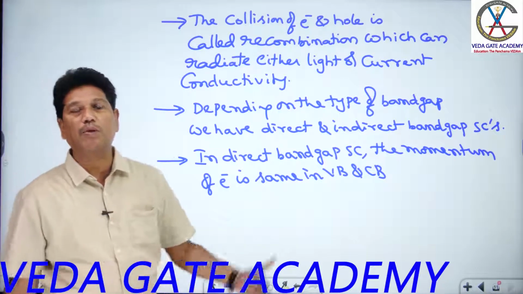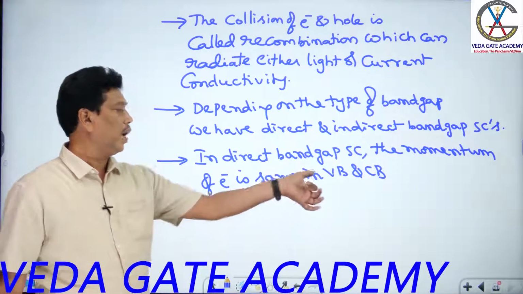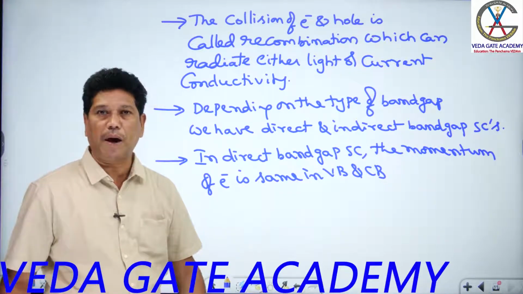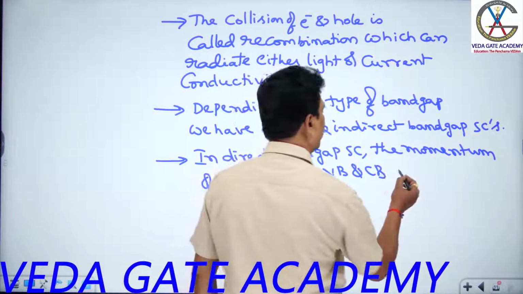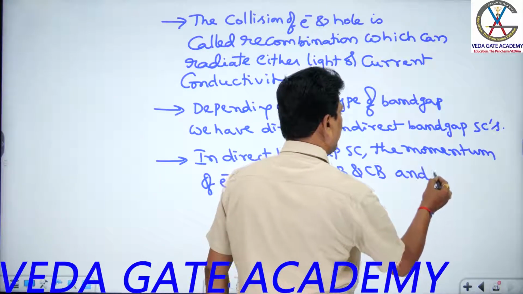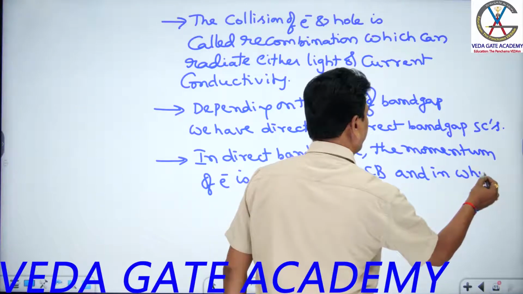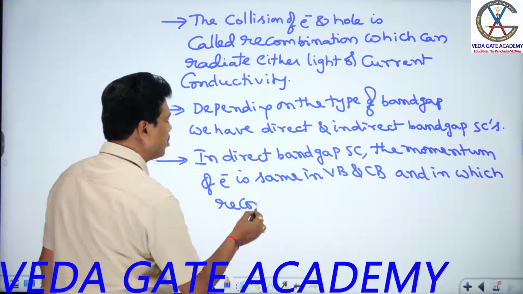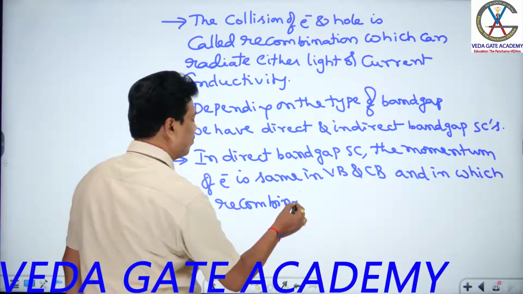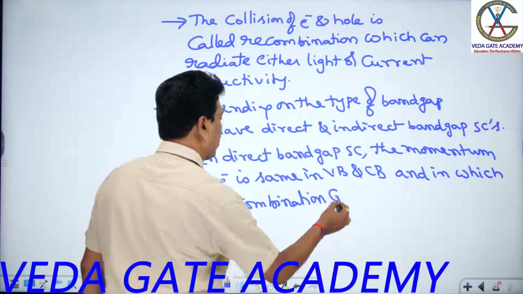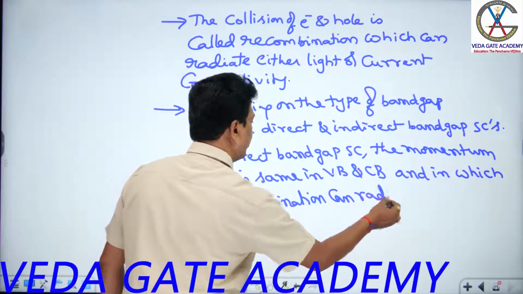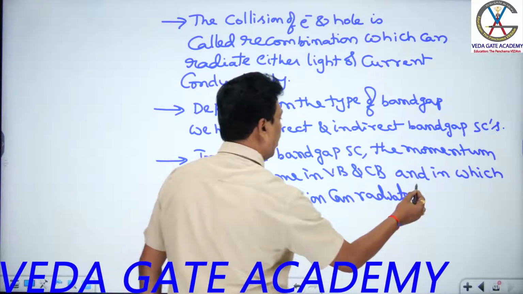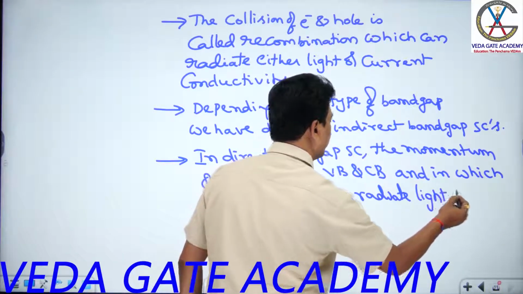Carriers are able to move without changing momentum, students. In which recombination can radiate light.